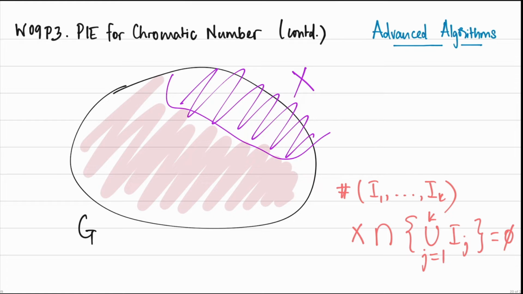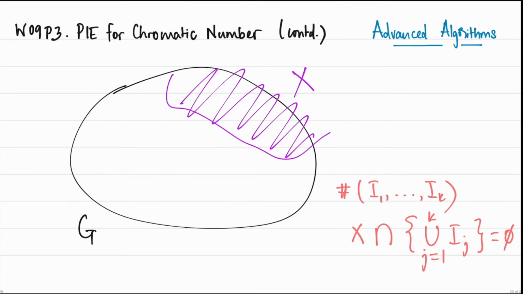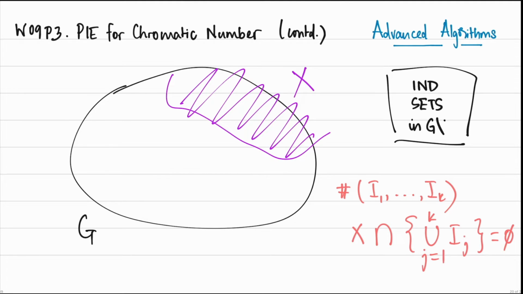So we basically focus our attention on G minus X, and let's say that we had access to a bucket which contains all the independent sets in G minus X, right? So this is the collection of all independent sets in G minus X, and let's say that the number of independent sets in G minus X happens to be, let's say, 45.